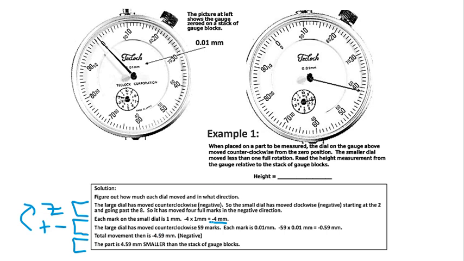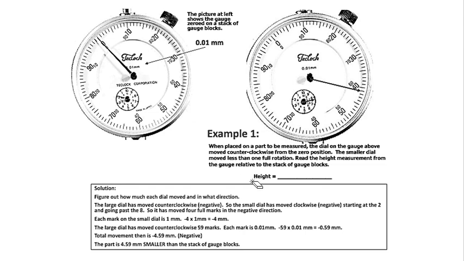All we do is, because we're reading directionally, okay, calculation. So this is minus 4 millimeters, and then you have minus 0.59 millimeter. So that's the same direction going to the negative, yeah? So therefore we get 4.59 millimeters smaller than the stack of your gauge block.